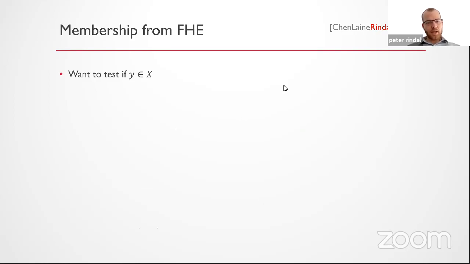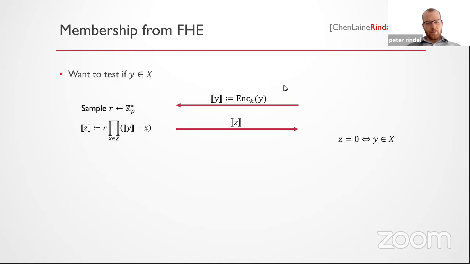And then the question is, how can we extend this to a scenario where the sender holds a set X, and the receiver just holds one item Y? Well, we basically run the same protocol again, but instead of just subtracting one of the X values, we take the product of all the differences.